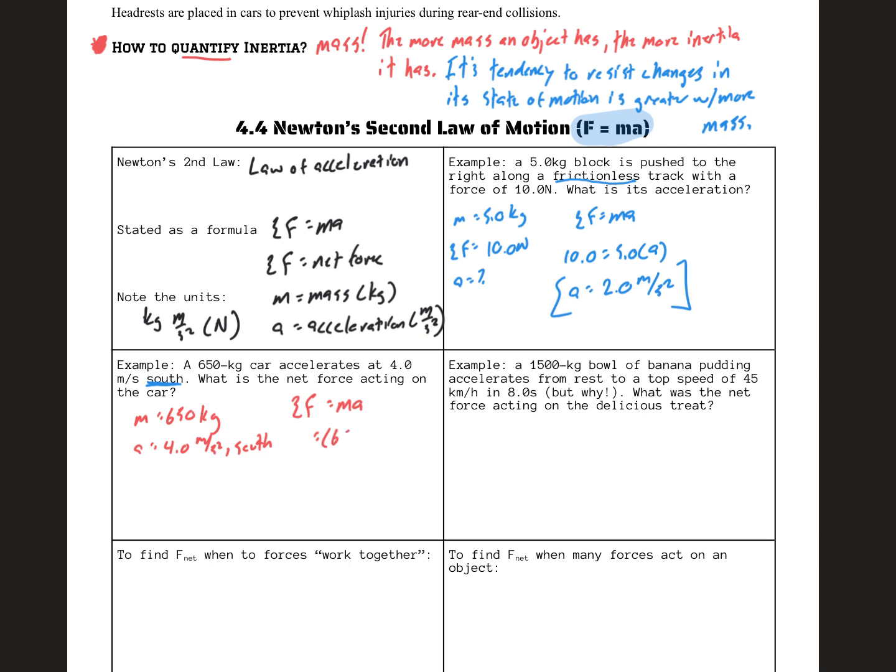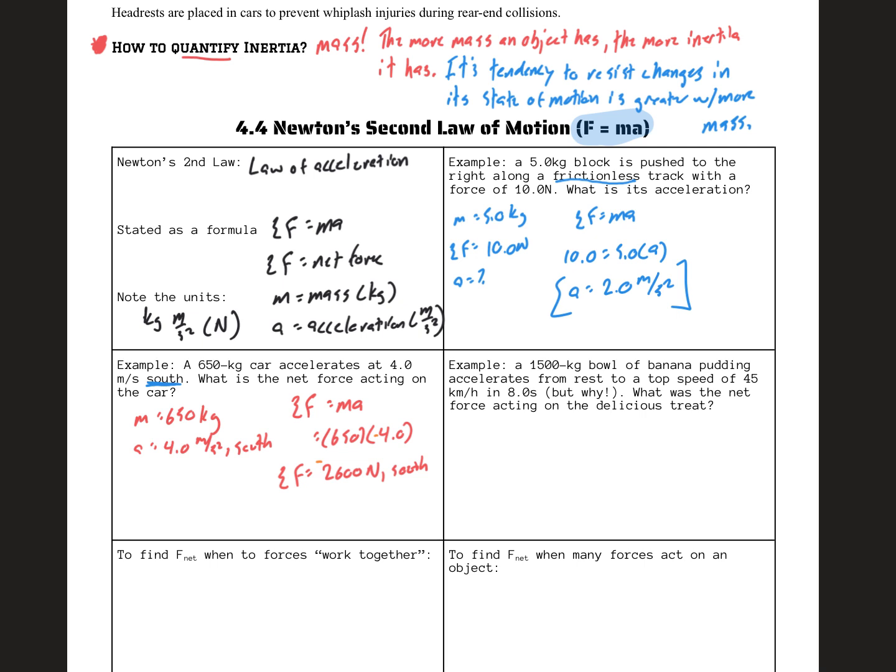Here, the 650 kilograms, the 4 meters per second squared. So I get a net force of 2,600 newtons directed to the south. If I would have used -4 to indicate the south or down direction, I could have written negative up there. So it really depends on how things are set up and the nature of the question.